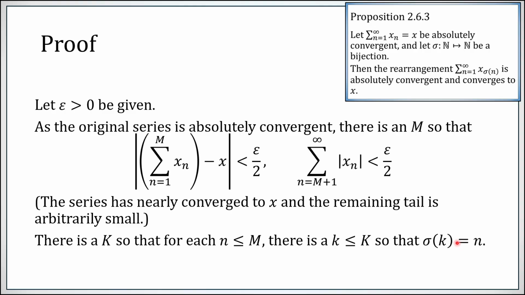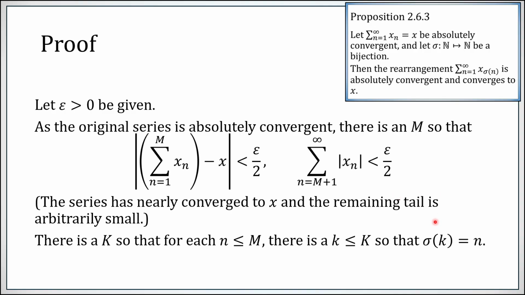What are we saying here? Sigma is our bijection between the natural numbers. There is a capital K so that for every number up to n, we have seen it be spit out as sigma of something. So in your listing, sigma of 1, sigma of 2, sigma of 3, and so forth, eventually 1 is in there, and eventually 2 is in there, and eventually 3 is in there, and so forth.